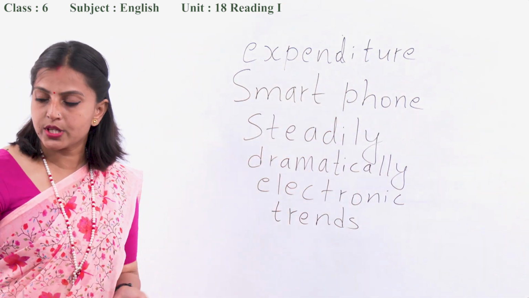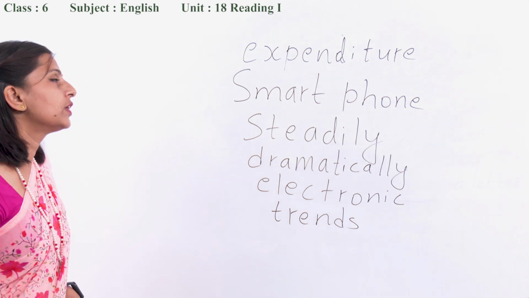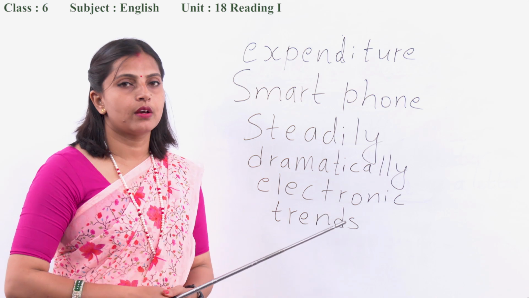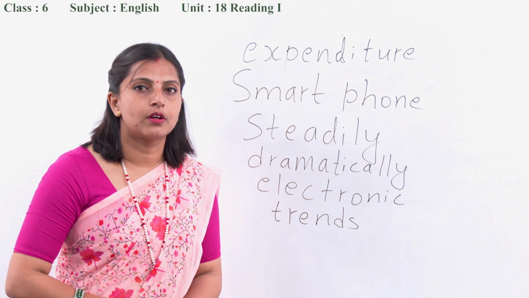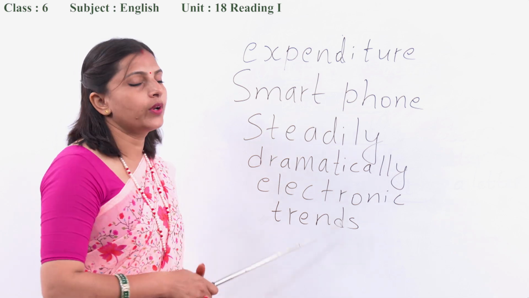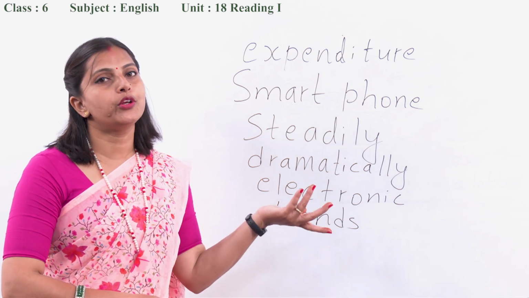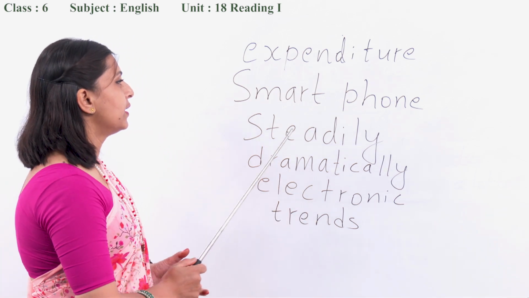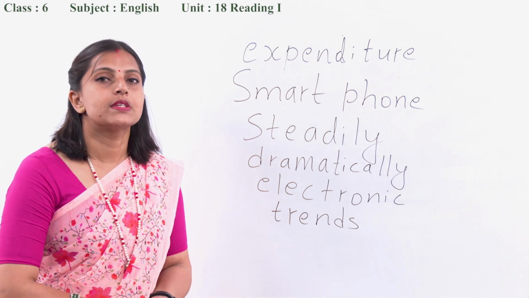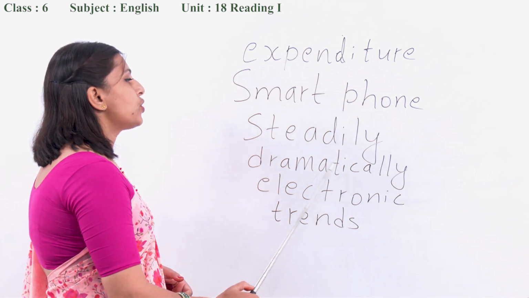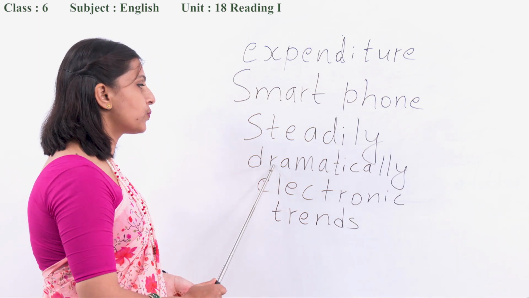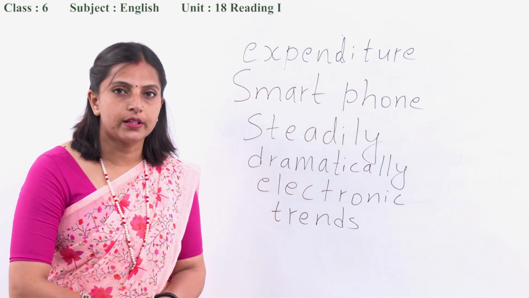Let us read the pronunciation, how to pronounce these words. The first one is expenditure. Say expenditure. The next one is smartphone. So you already know that is smartphone. The next one is steadily. Say steadily. Dramatically. Say that. This one is dramatically.